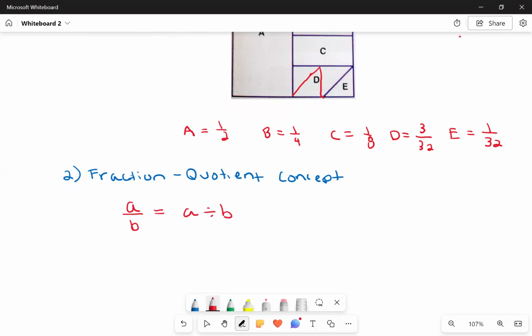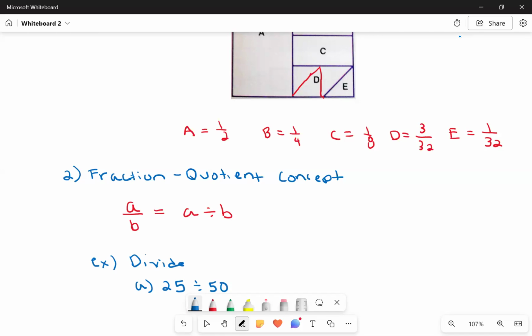And it's really only exciting when the division doesn't work out nicely. Let me give an example of what I mean by that. Let's say you're told to divide 25 by 50.